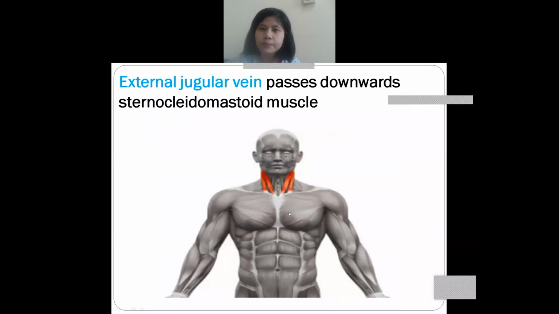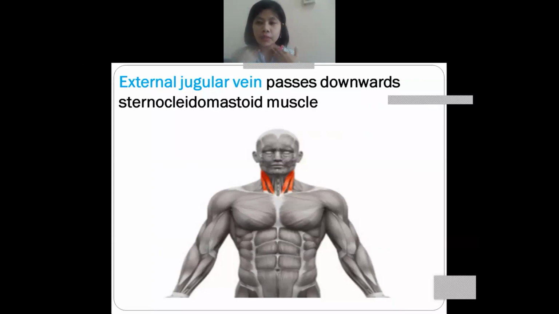Okay, so the external jugular vein passes downwards over the sternocleidomastoid muscle. It will go down and down in this area, so it will pass over this muscle. Understand? What is the name of this muscle? In the previous semester we have talked about it.